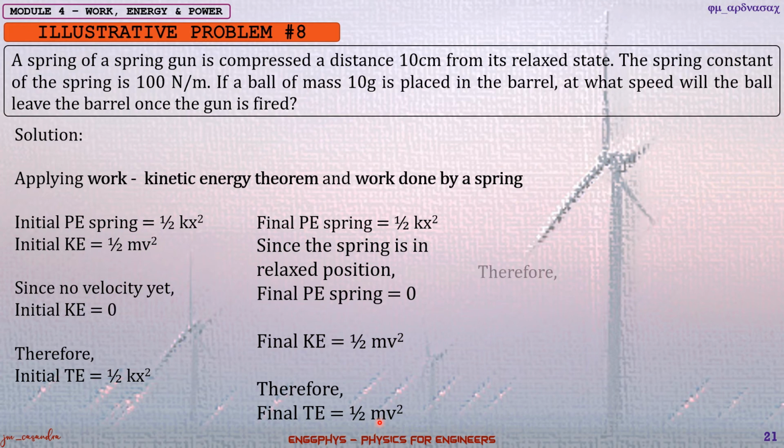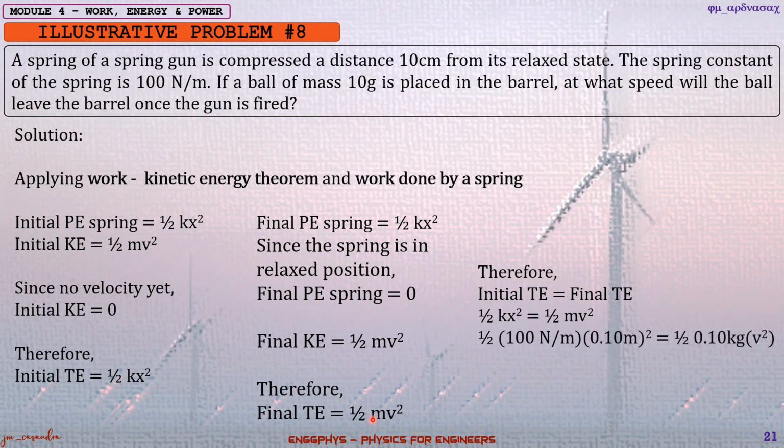Okay, so in that case, we now apply the law of conservation of energy: initial total energy is equal to final total energy. So substituting, we have our initial, which is 1/2 kx squared, and our final, which is 1/2 mv squared.